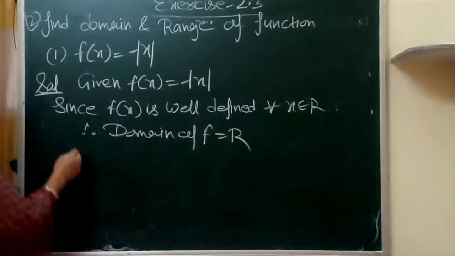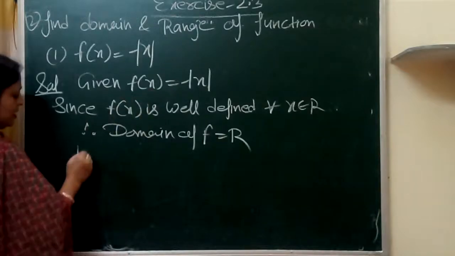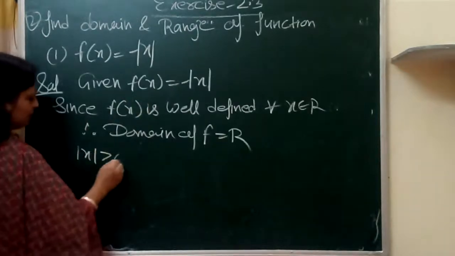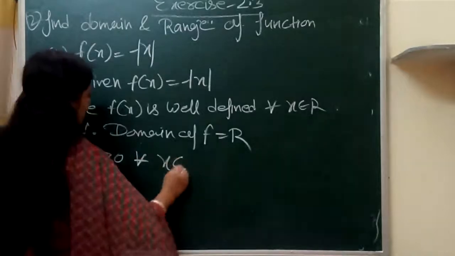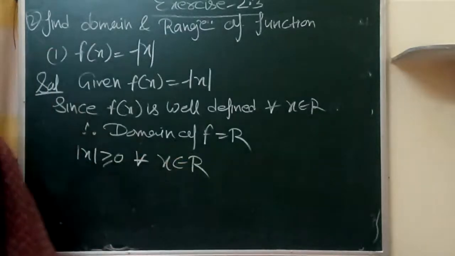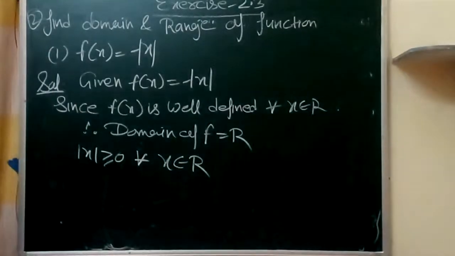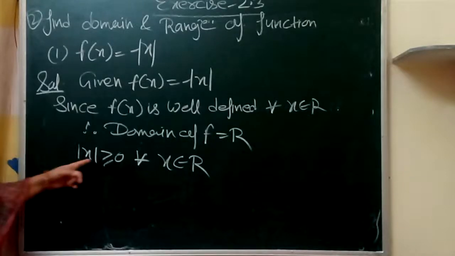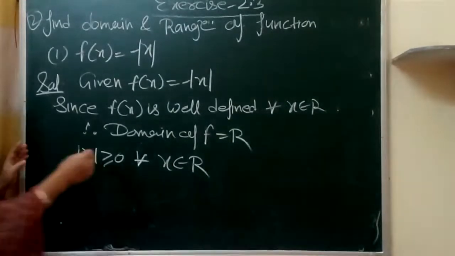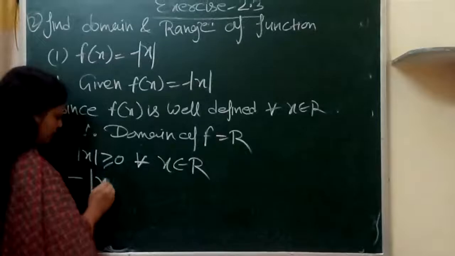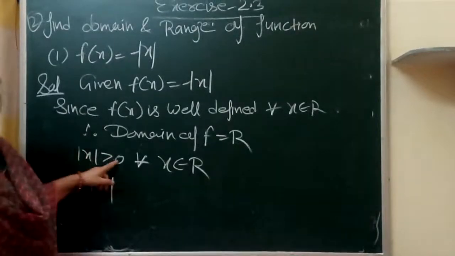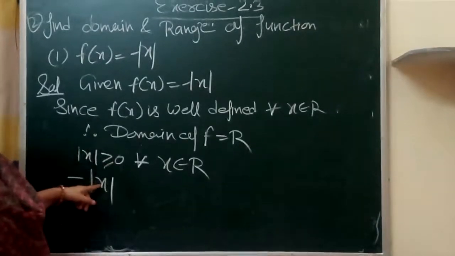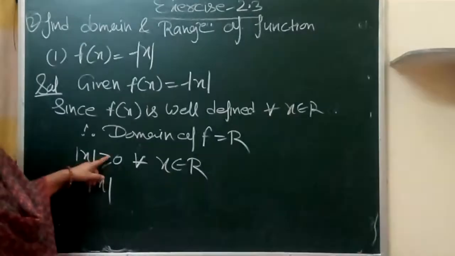For range, first of all we will write here mod x is greater than equal to 0 for every x belongs to R. For every real number, the value of mod x is greater than equal to 0. And when you take minus of mod x, then this inequality sign will change.